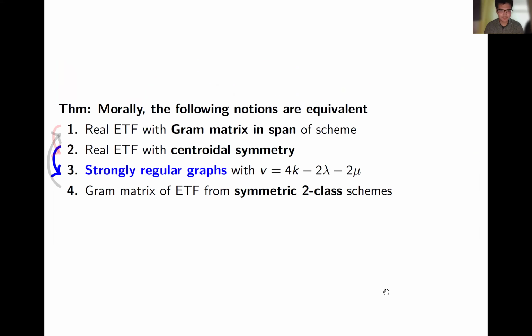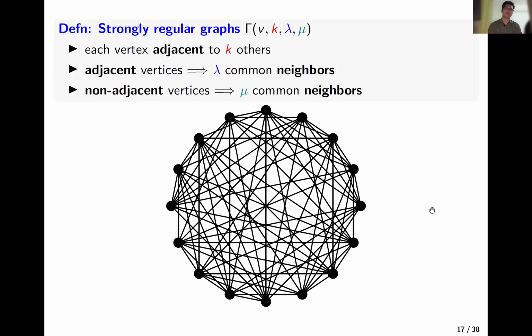Now, moving forward, it turns out that real ETFs with centroidal symmetry correspond to certain strongly regular graphs having these parameters. Let's talk about these strongly regular graphs and these parameters right now. A strongly regular graph is just a graph with v vertices that satisfies certain properties. Every vertex is adjacent to k others.